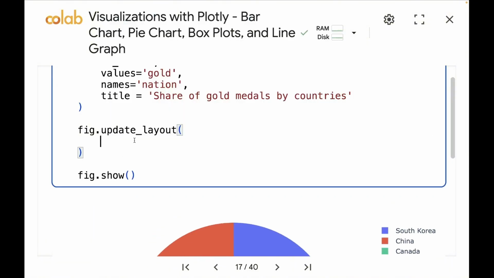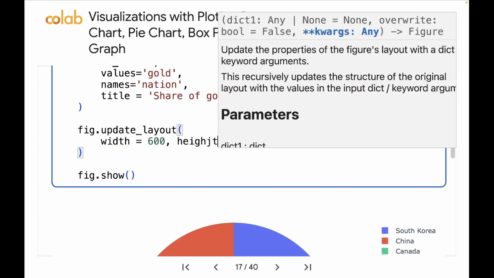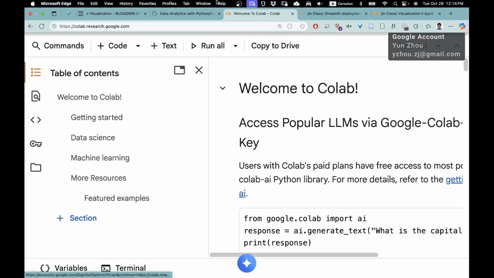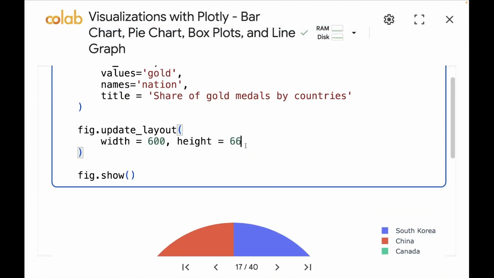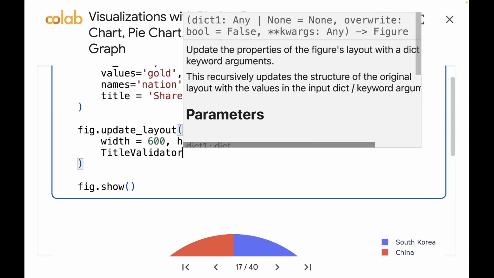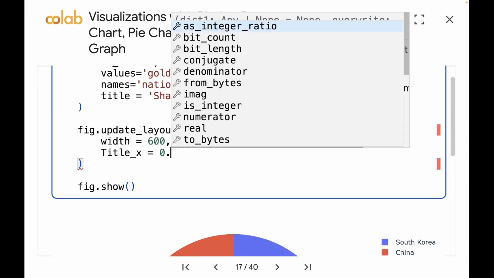So we can do width, let's say equal to 600, and height, let's say also equal to 600, to make it actually something like a square for the plotting area. Okay. Now one more thing, let's do title x equal to 0.5 to center the title.